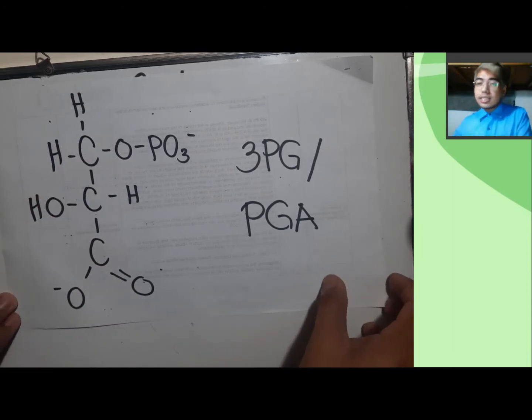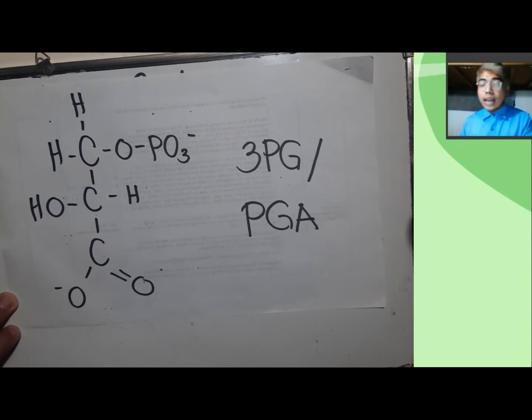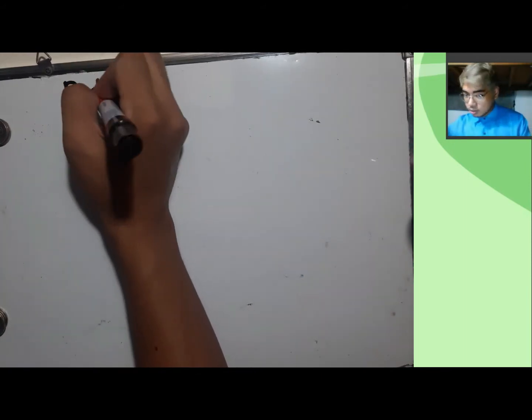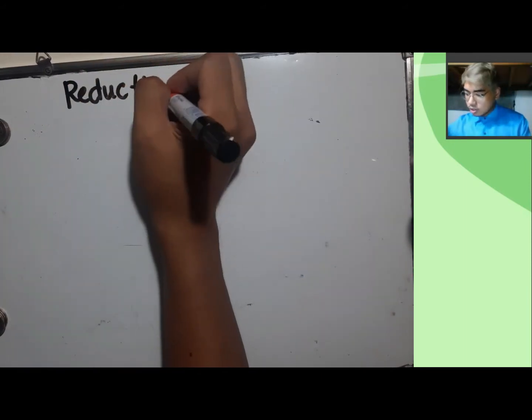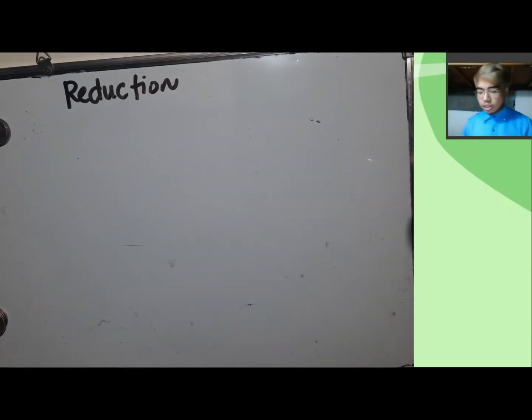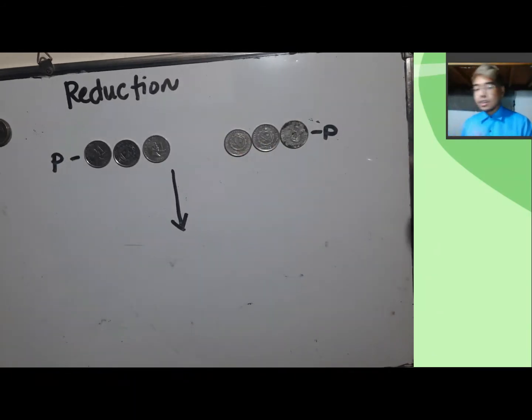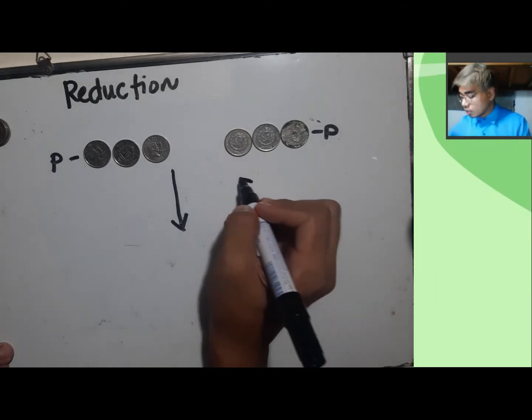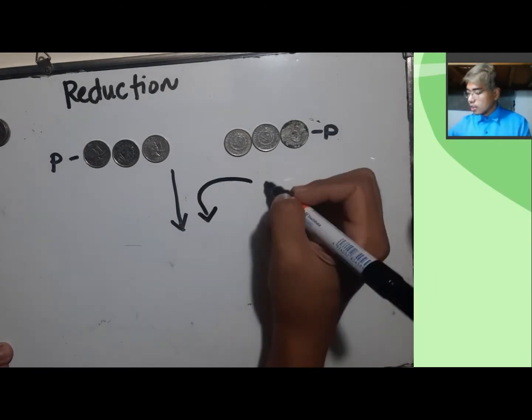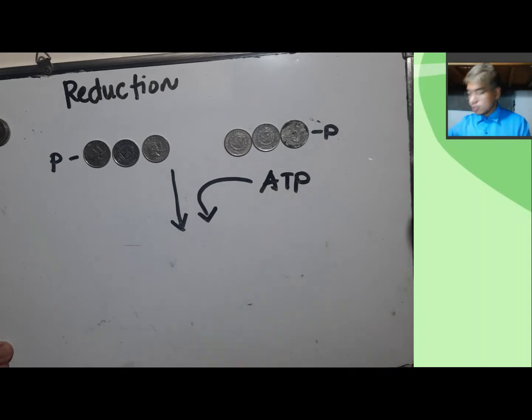Okay, so this is the end of the first stage, known as carbon fixation. Now, the second stage of the Calvin cycle is known as the reduction. When it comes to the reduction, we start with the 3-phosphoglycerate. The 3-PG will interact with adenosine triphosphate.